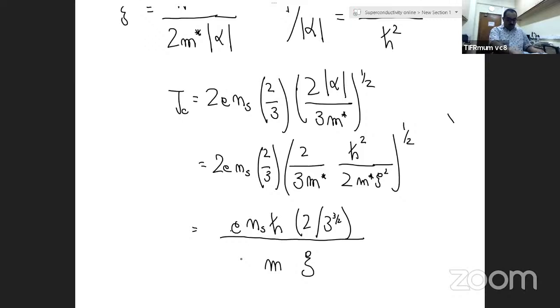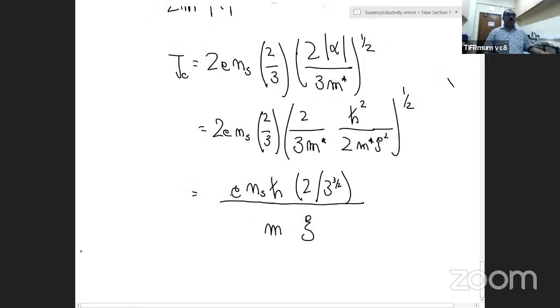The reason I am writing in this form is so that you can now compare with the critical current that we had for a Josephson junction of the same size.